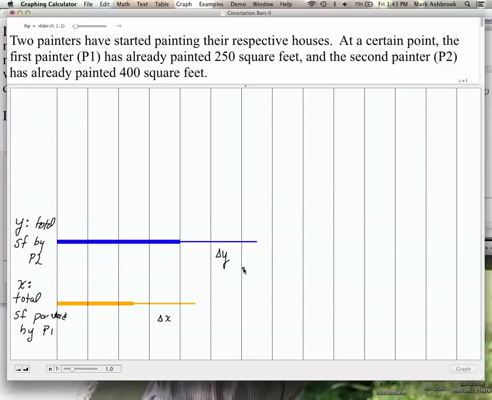All right, so we want to investigate this numerically. How can we investigate this numerically? How much did painter 1 paint in total? He started with 250, is that right? And 400? And how much more did painter 1 paint? 200, so how much total has he painted now?